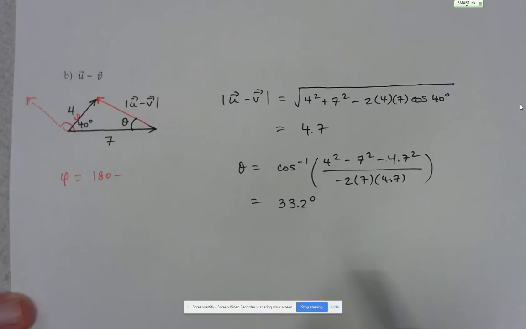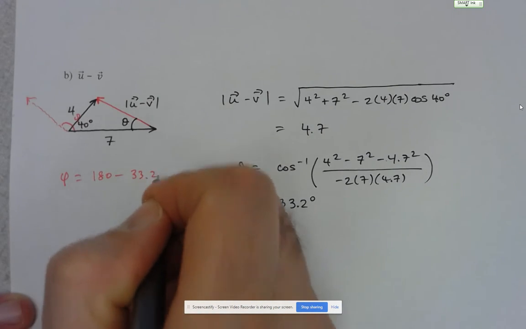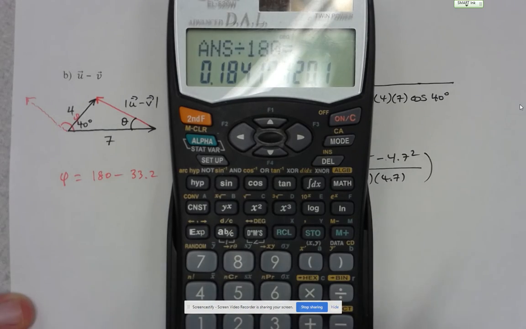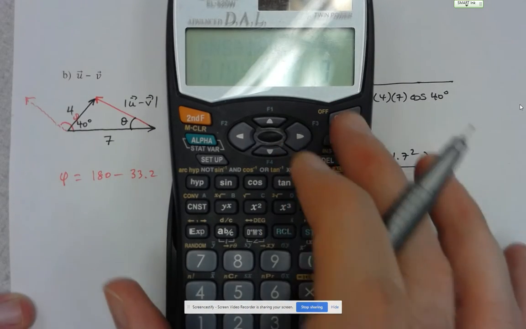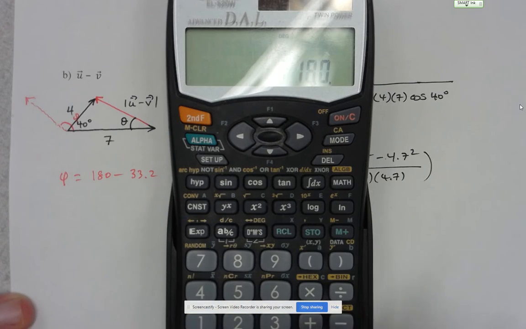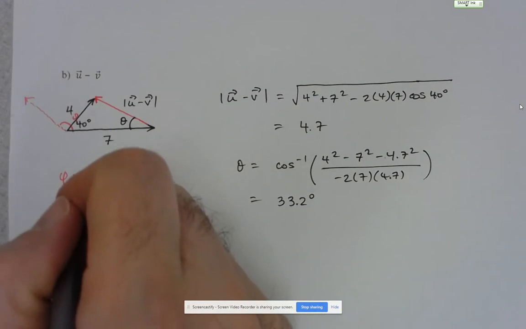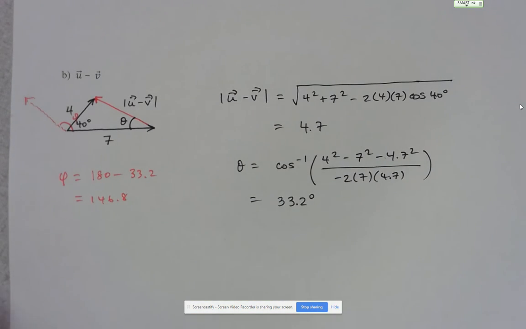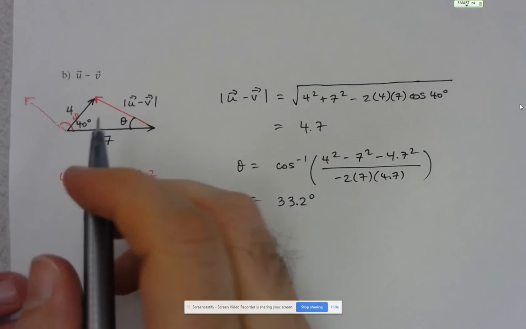So it's going to be 180 minus 33.2. Sorry, I accidentally divided. So 180 minus 33.2 is 146.8.